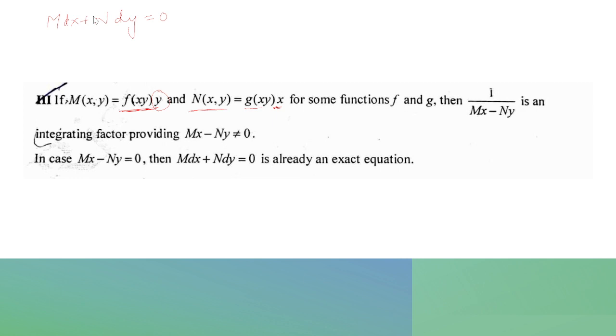If there is the condition that Mx minus Ny is not equal to 0, then we have integrating factor 1 by (Mx minus Ny).